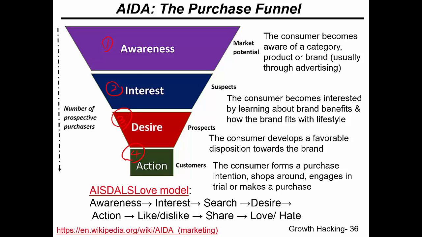Which means make people aware of your product. That's the potential market or potential user. Second, attract them so they're interested in your product. Those are what we call suspects. And if they're really interested in your product and consider buying, those are the prospects.